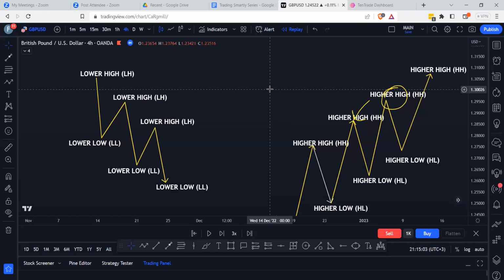So you want to look for a resistance zone and then sell. Okay, downtrend.